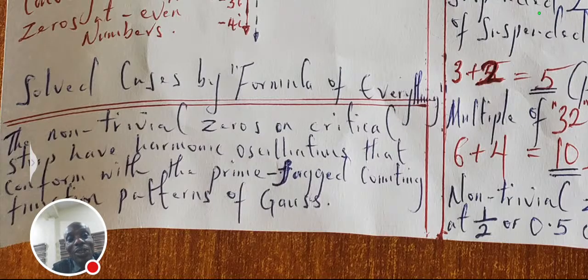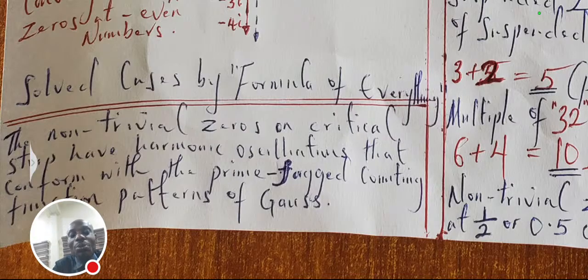The connection is that when you implement the harmonic oscillation of all the zeros on that critical line, it will match up with that jagged counting function pattern of Gauss.